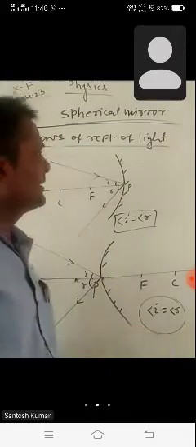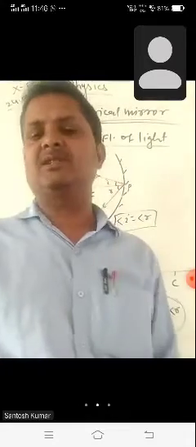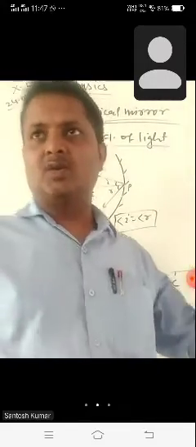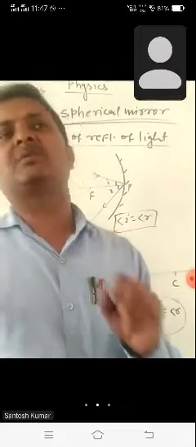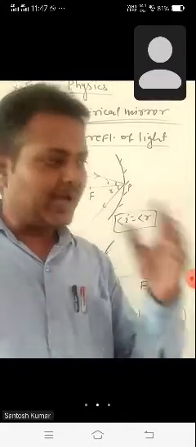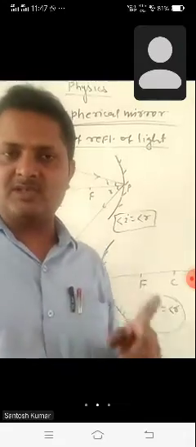So after the law of reflection of light, our target is to obtain the various types of image. Image means whether it will be real or virtual, in the case of the spherical mirror. Till now we have gone through image formation by the plane mirror. Now in the curved or spherical mirror, we have two types of mirror. We have to see how there is a change, how there is a variation in the nature, position, and size of the image formed by the spherical mirror, concave or convex.